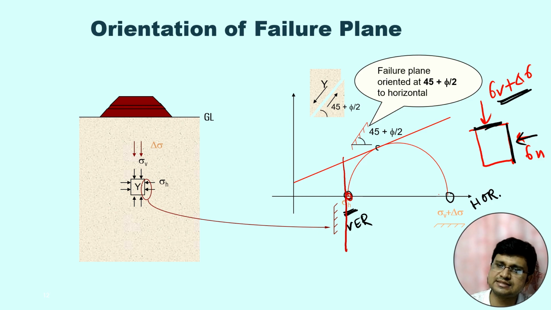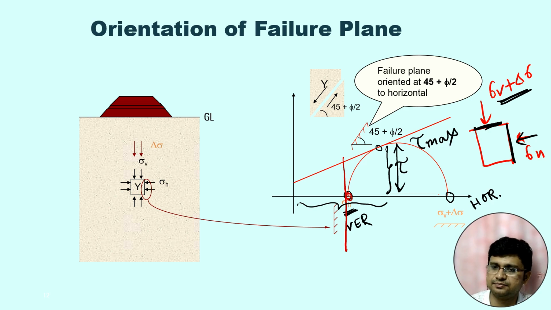So this is the stress corresponding to the failure point. For the failure plane, this will be the normal stress, and this will be the shear stress. And this shear stress is lower than tau max. Tau max is more, but for a lower value of tau, the failure has occurred.